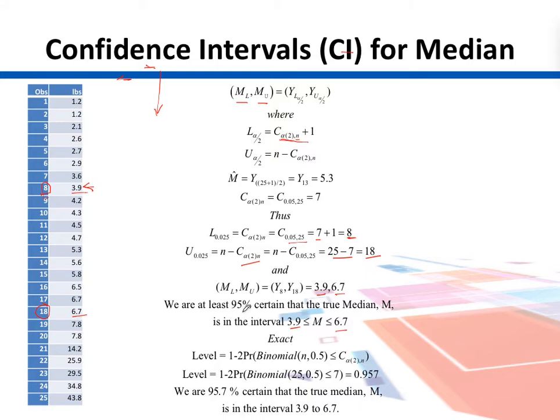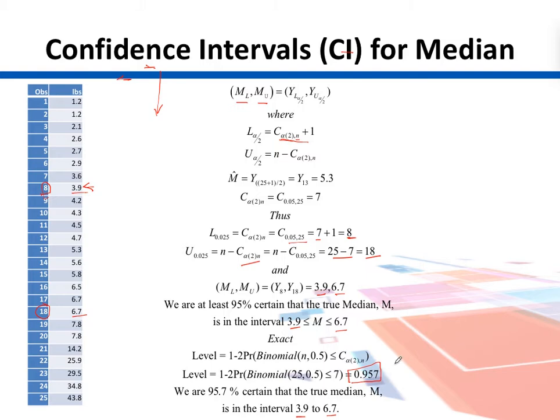So we are 95% confident that the true median is in the interval 3.9 to 6.7. We can get it with the binomial approach also, and the exact solution returns a confidence level of in fact 95.7%, that is, 95.7% certain that the true median is between 3.9 and 6.7.